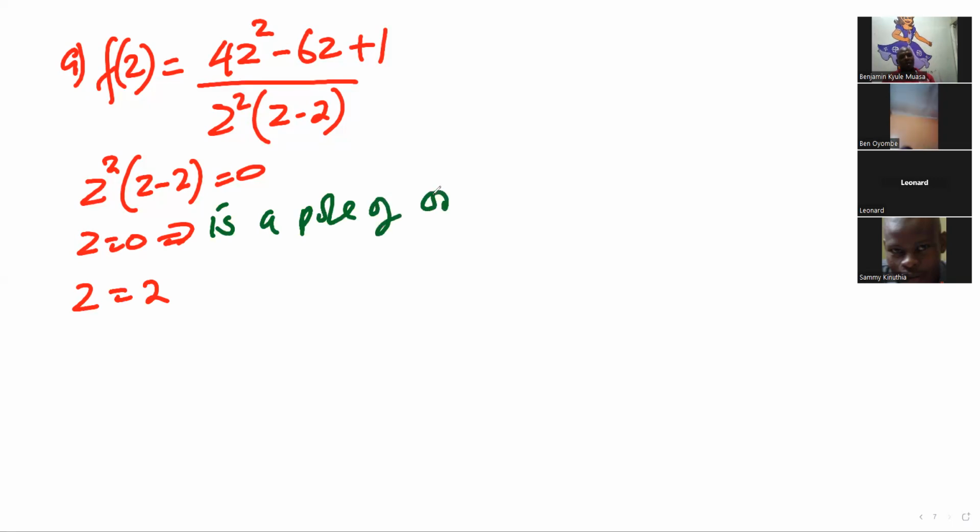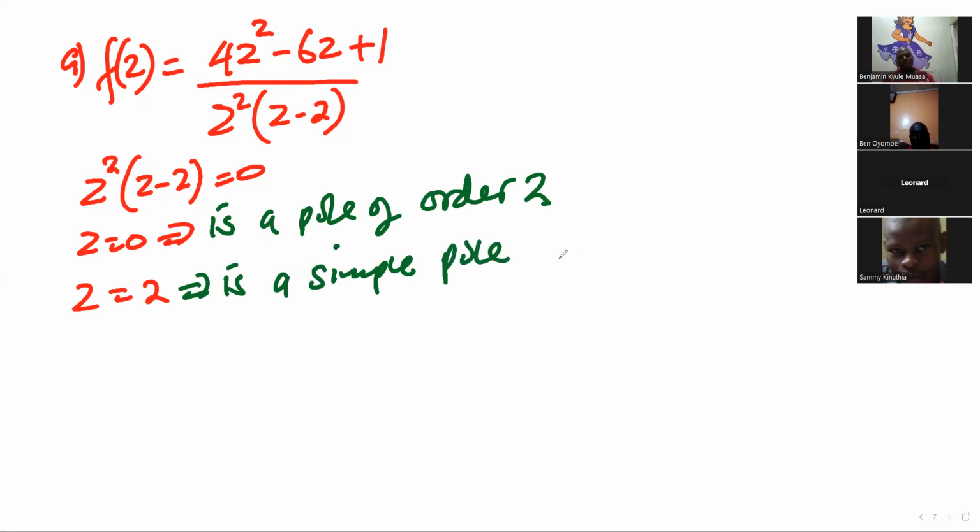So z equals 0, we say that it's a pole of order 2. And this one here is a simple pole of order 1. Order 1 like that. Now, we said that when you're doing the simple poles, it's very easy.